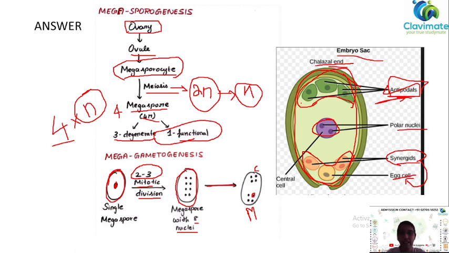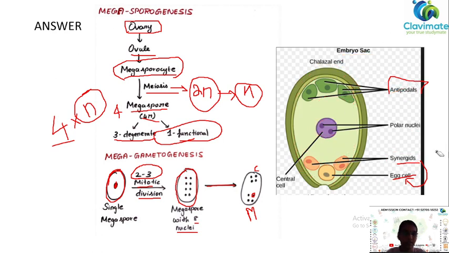So here at last we have this embryo sac. What does this embryo sac contain? As I said before, it has chalazal end and micropylar end. So at the chalazal end we have 3 cells called antipodal cells, and the micropylar end will have 3 cells, 2 of which are called synergids and 1 of it is called egg cell.